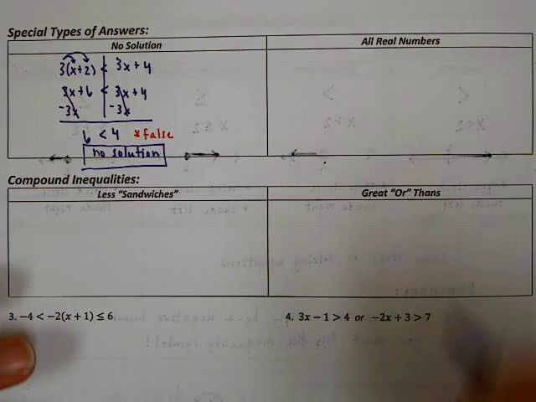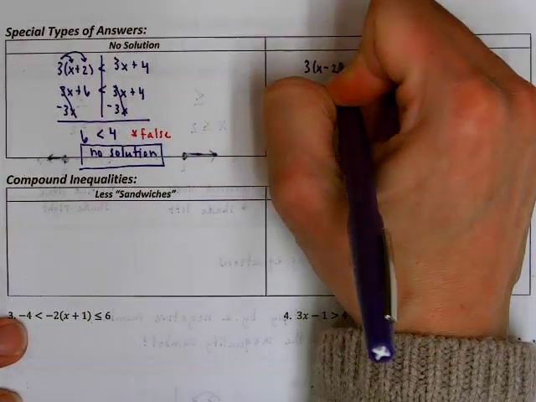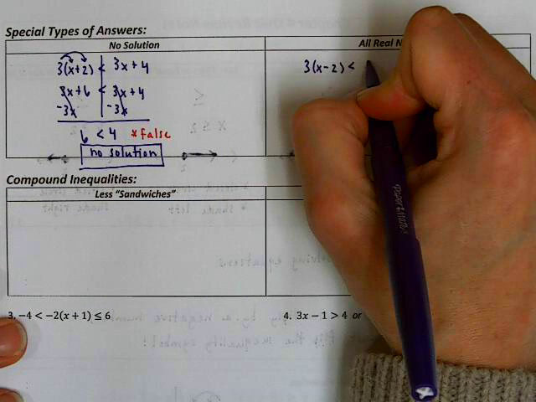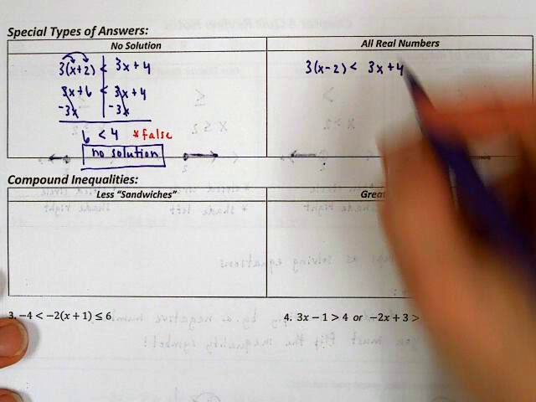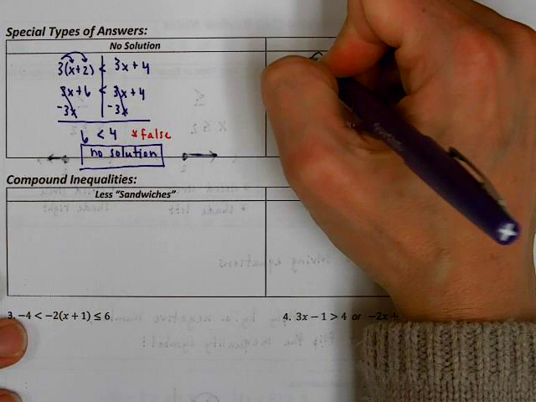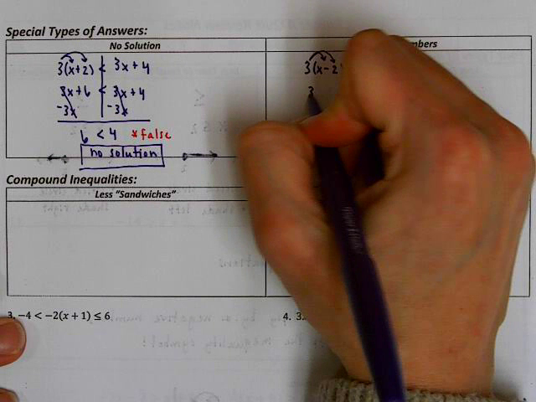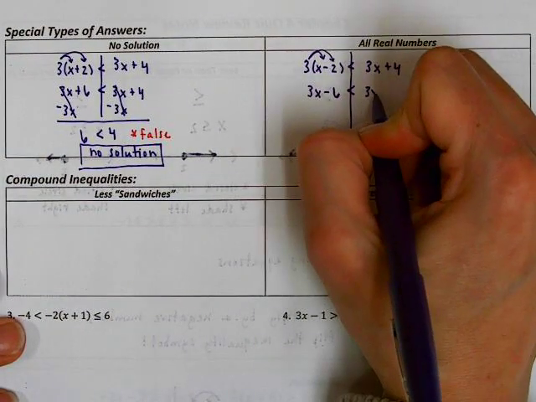Now, on the other hand, we could have something that looks like this, and here's where I'll use the original example. As always, my first step is to distribute. So I have 3x minus 6 is less than 3x plus 4.